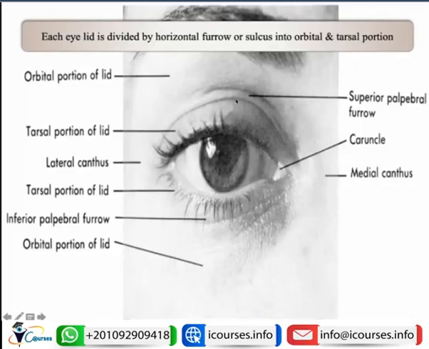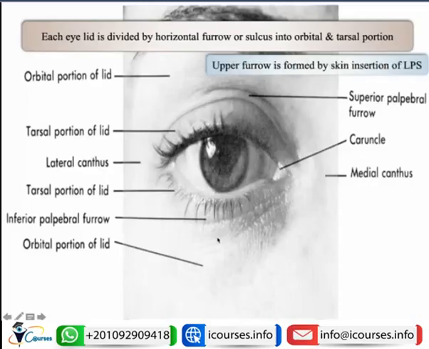This skin crease, also called the horizontal furrow, divides the lid into two parts: the tarsal part, which is in front of the tarsus, and the orbital part, which is above the tarsus in the upper eyelid and below the tarsus in the lower lid.